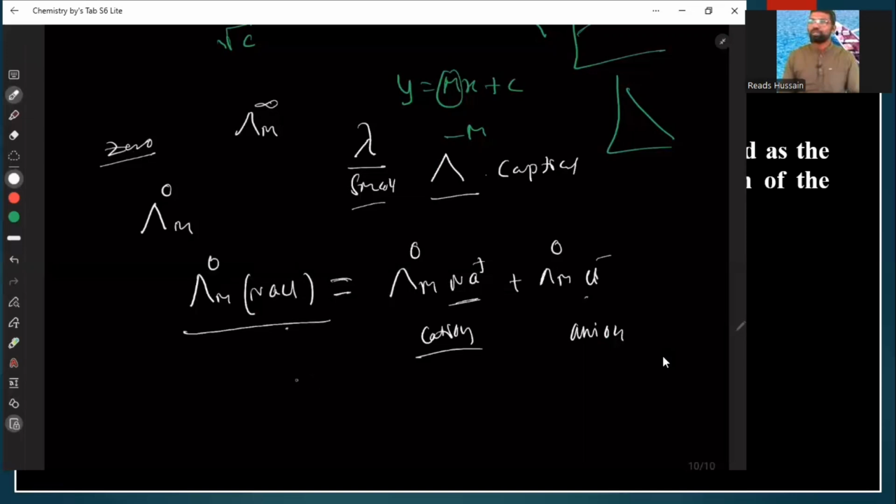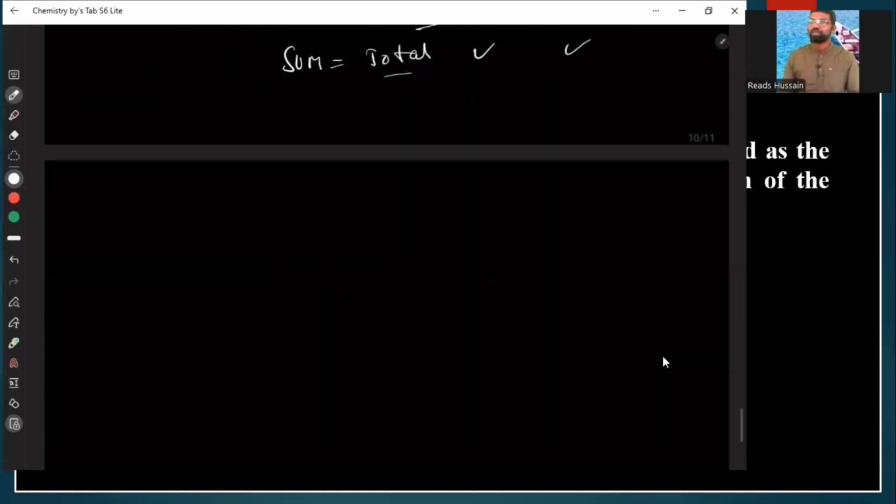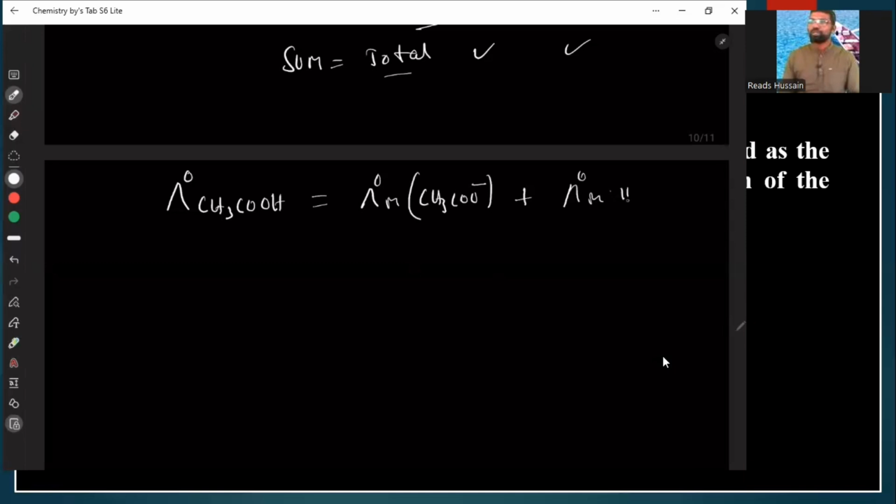That's all, very simple, very easy. That is Kohlrausch law. If you want to find the limiting molar conductivity of any electrolyte, suppose I take acetic acid, CH3COOH, its limiting molar conductivity is equal to the limiting molar conductivity of CH3COO minus plus the limiting molar conductivity of H plus.